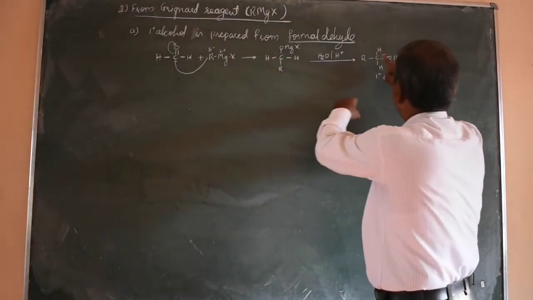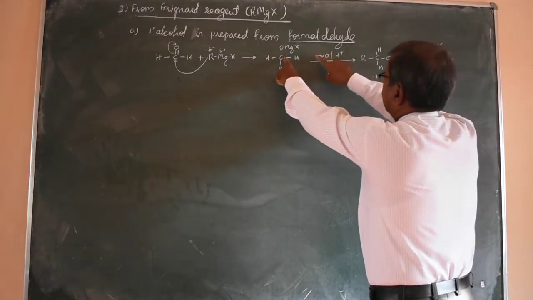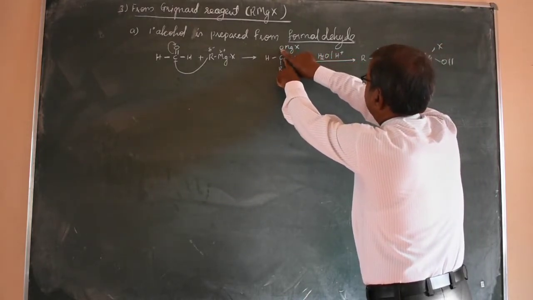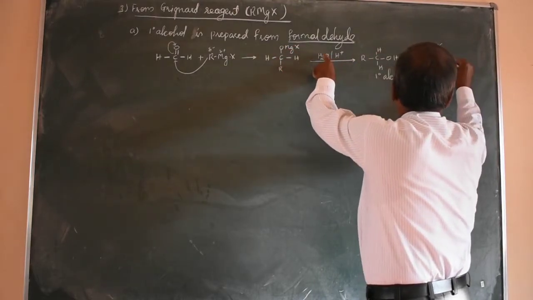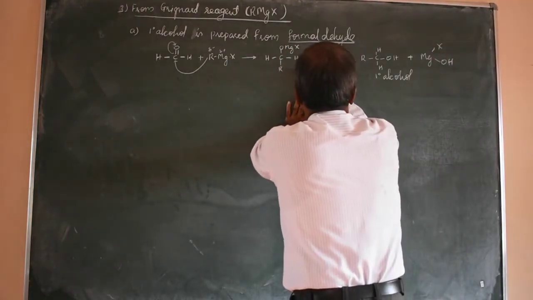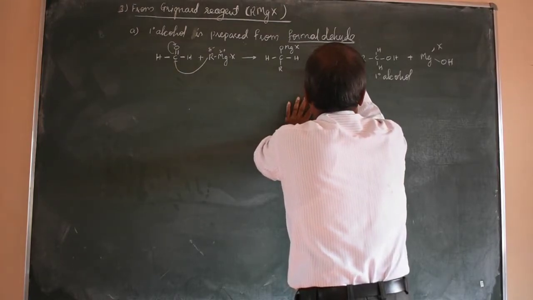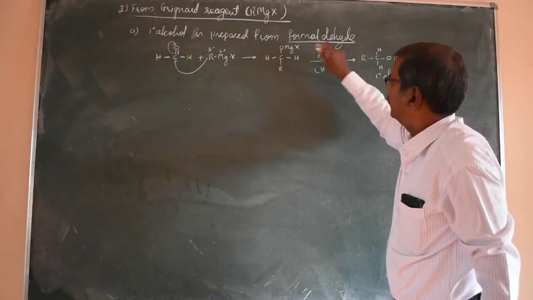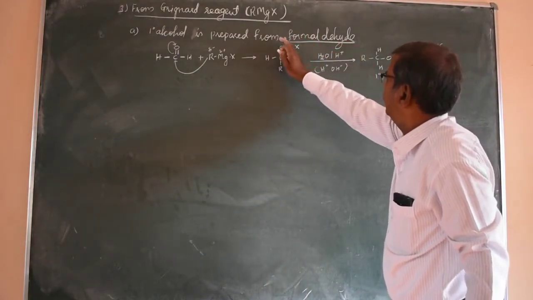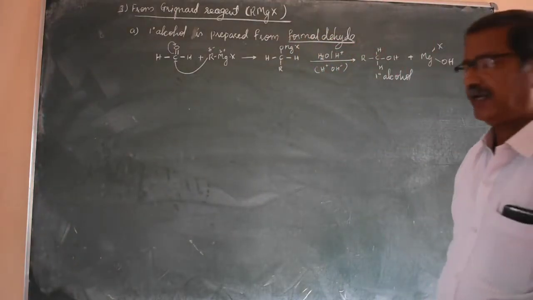So it's R CH2, this H here. Then it's OMgX, and with H2O, I am writing H plus and OH minus. So OH minus links to MgX, H links to this oxygen, and MgX interacts with the OH to give this product, 1 degree alcohol.